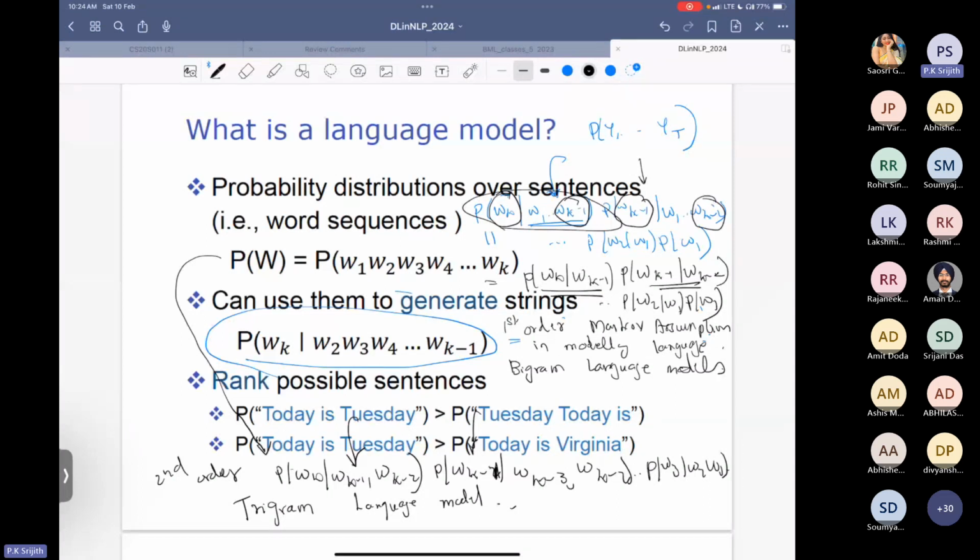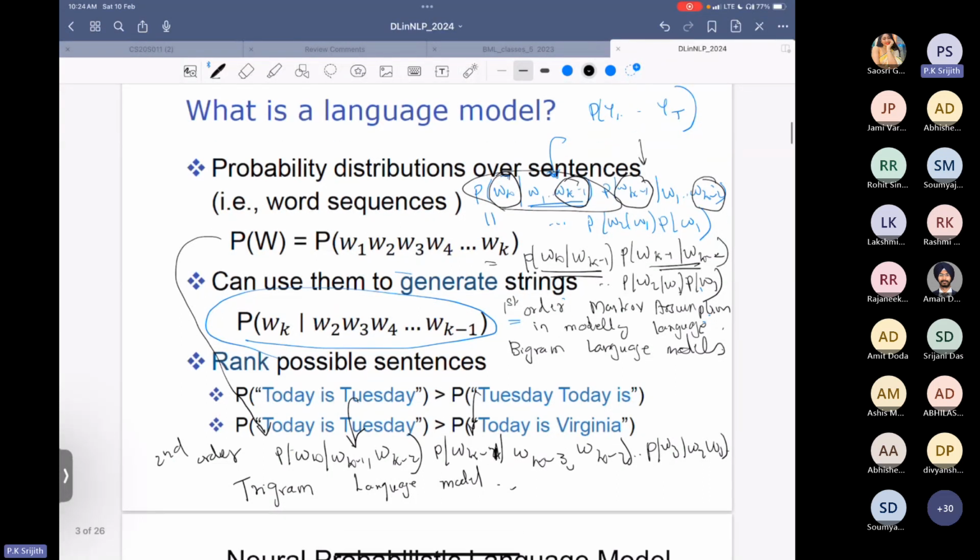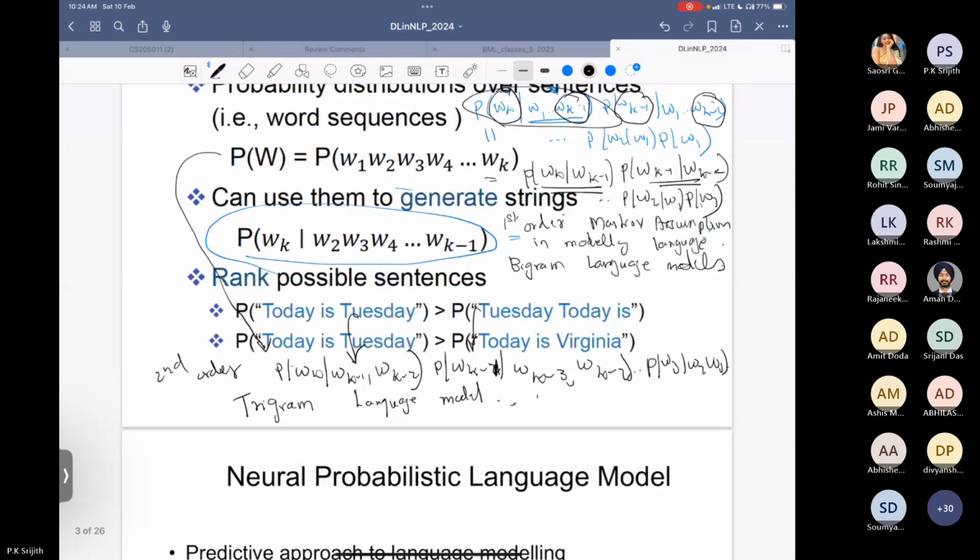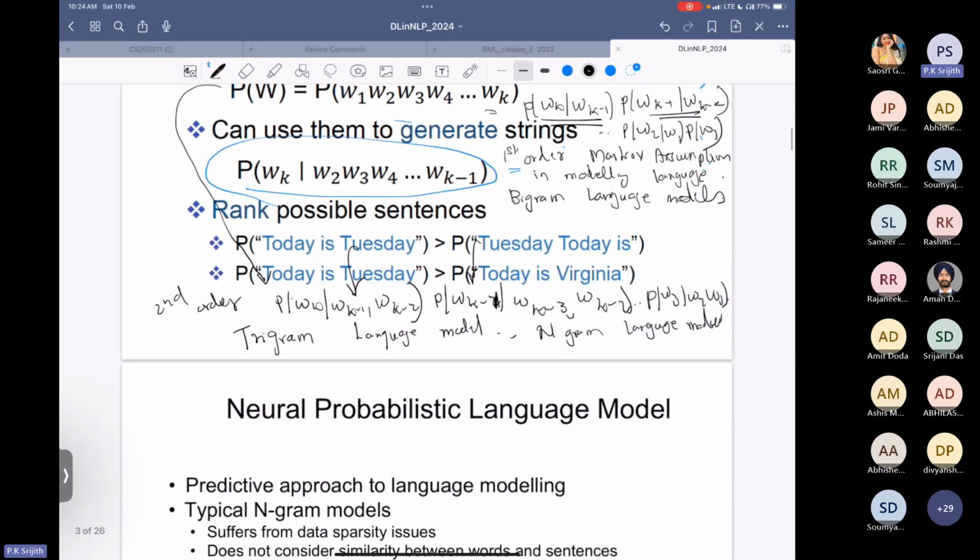Okay. So in general, you can think of an n-gram language model like this. In an n-gram language model, you write these as something like probability of WK given WK minus n, WK minus n plus 1, up to WK minus 1.